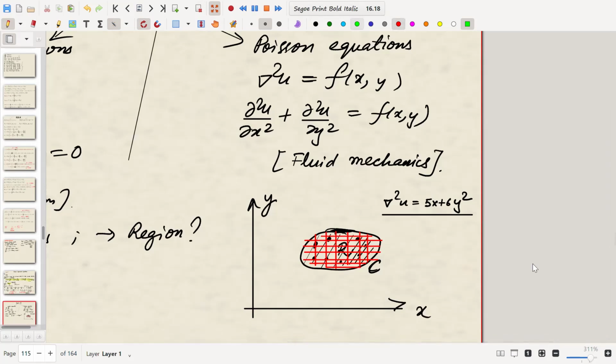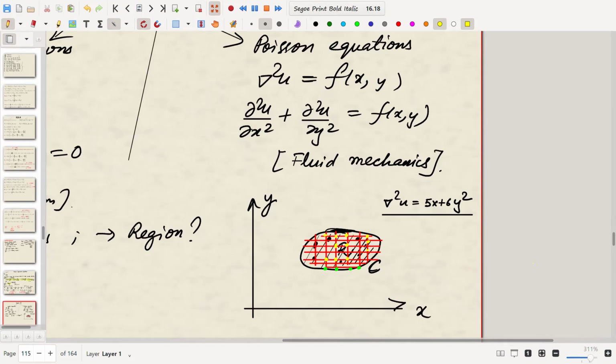You divide the region into a mesh, and based on these green points which will be given to you, you find the subsequent points. You find this point, this point, computationally, in the hope that you have found the solution over this region R. Okay, that's the idea, and that's what we will be doing in this course.